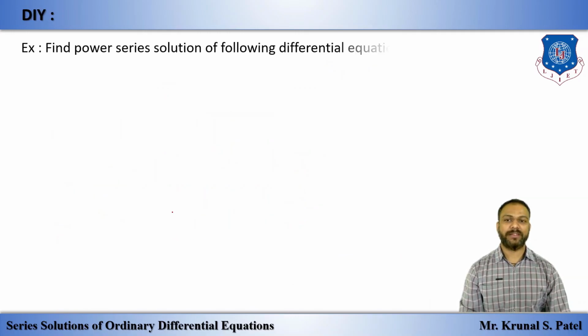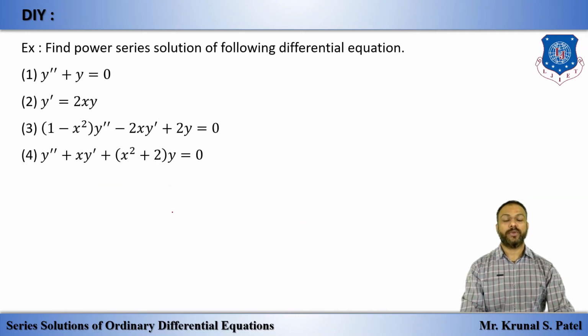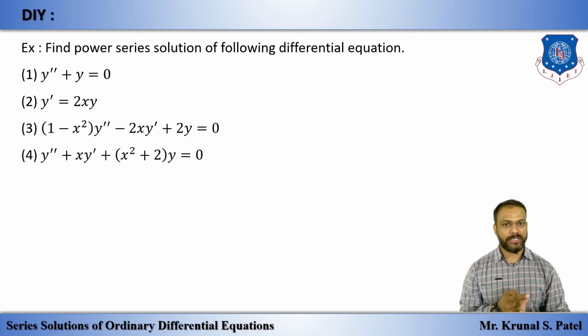In a similar way you have to try this example with the same steps. First step, trial solution. Second, substitute in equation number 1 the values of y, y dash and y double dash, whichever we require. Third is simplification. Fourth, make power of x equal. Fifth, make limit of sigma equal. Sixth, collect same power.